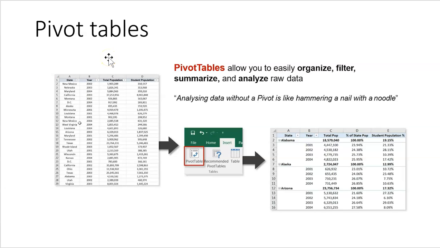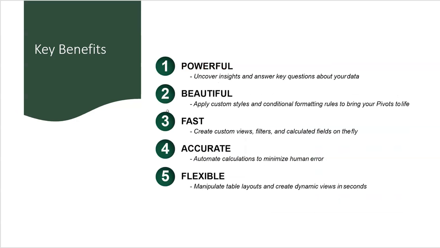So it allows you to easily organize, filter, summarize and analyze raw data. And the key benefits of pivot tables are: it is powerful, it can uncover insights and answer key questions about your data. It's beautiful because you can apply custom styles and conditional formatting. It's very fast.